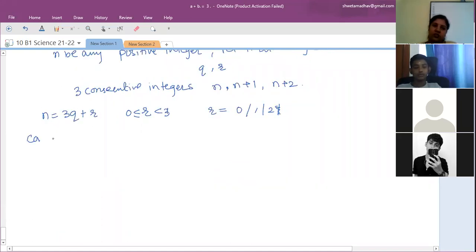So start with case 1, where r is equal to 0. So what is the value of n? 3q plus 0 is 3q. Now what is n plus 1? 3q plus 1. And what is n plus 2? 3q plus 2.